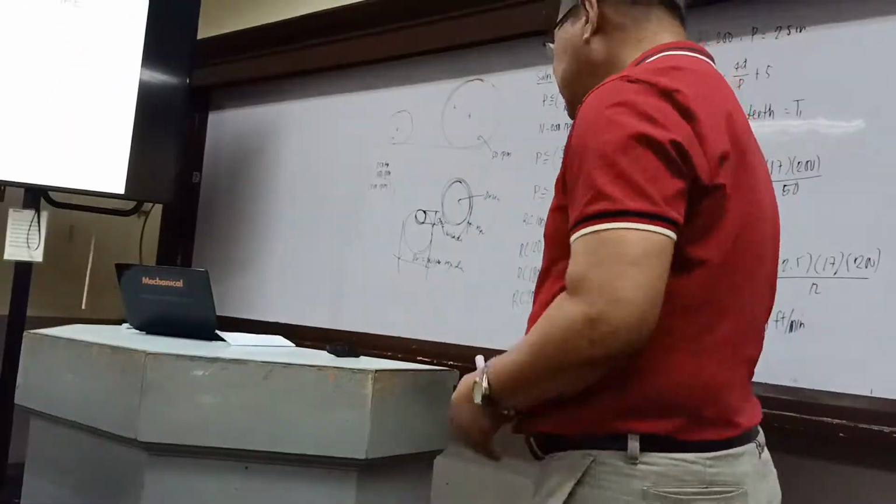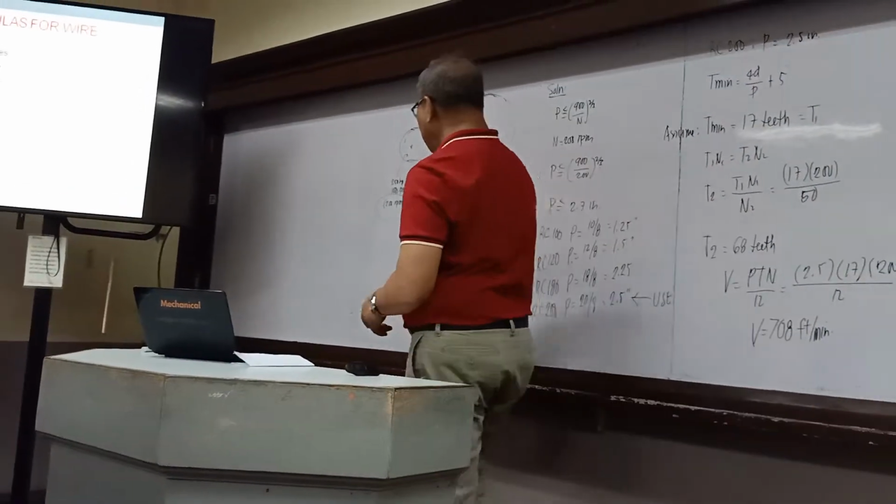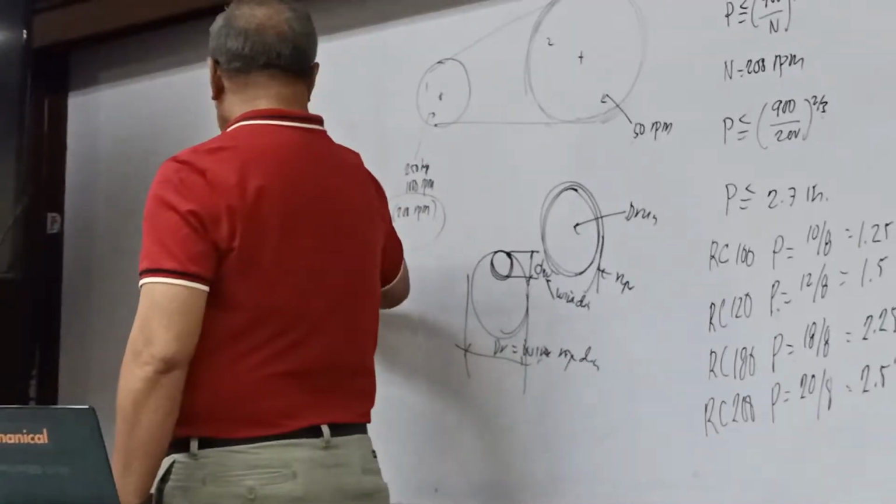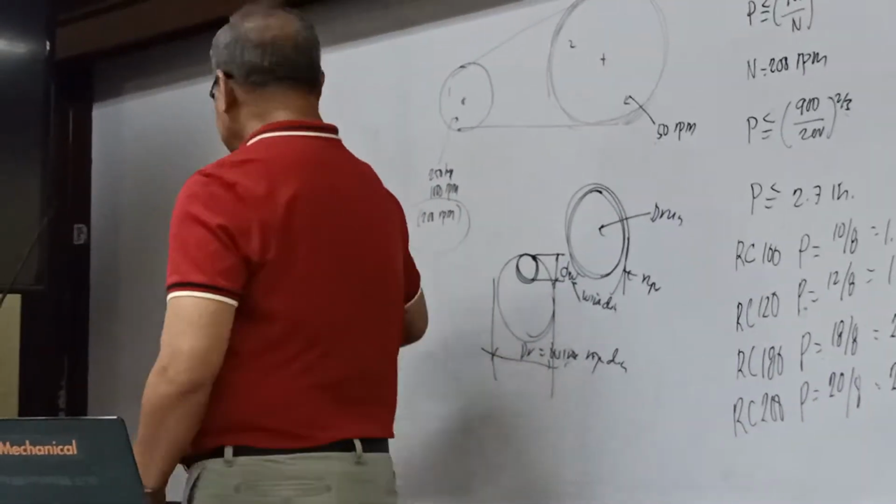So ang gagamitin natin sa wire rope equation ay table 8028, page 605. Okay, 8028 ang gagamitin natin.